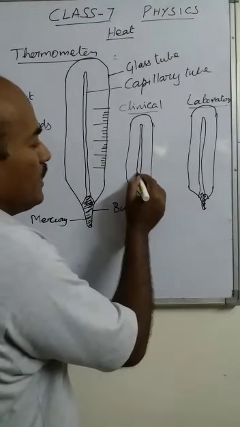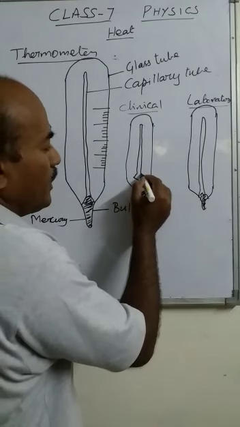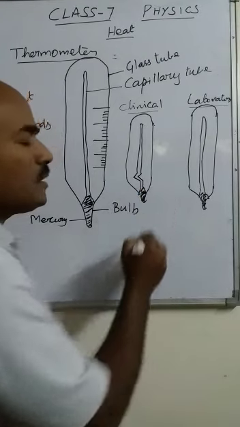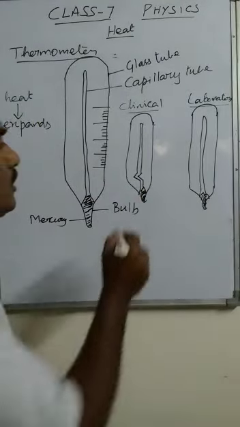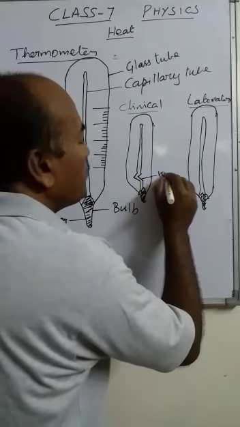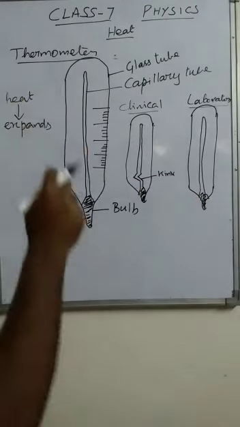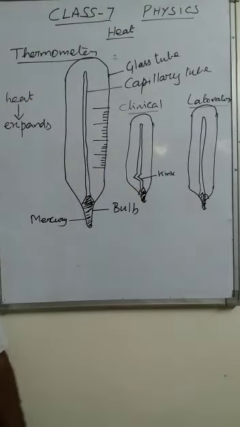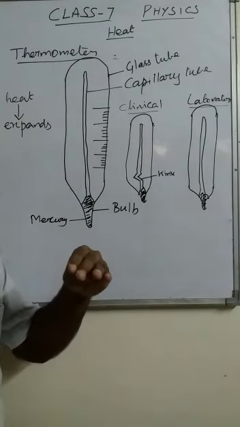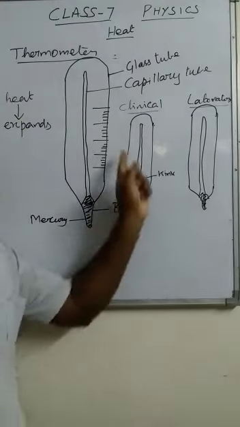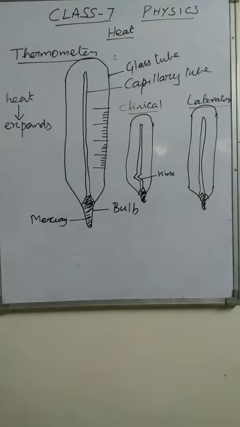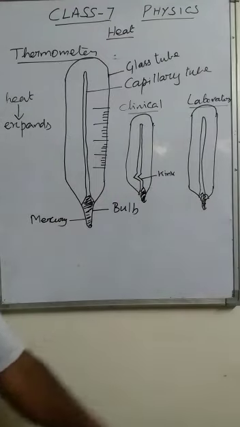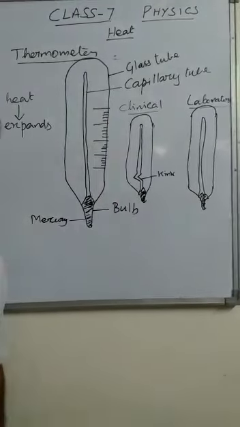In the clinical thermometer, there is a small bend in the capillary tube. This bend is known as a kink. The kink provided in the capillary tube of the clinical thermometer is used to prevent the fall of the mercury level on its own. Once it is used to measure the temperature of a human body, the level of mercury increases.